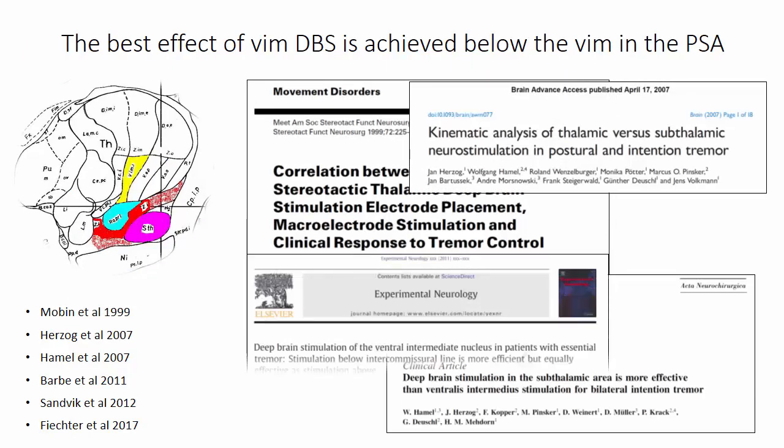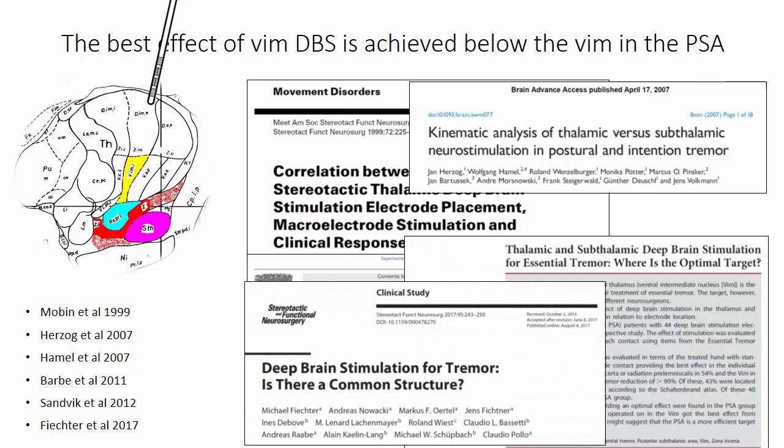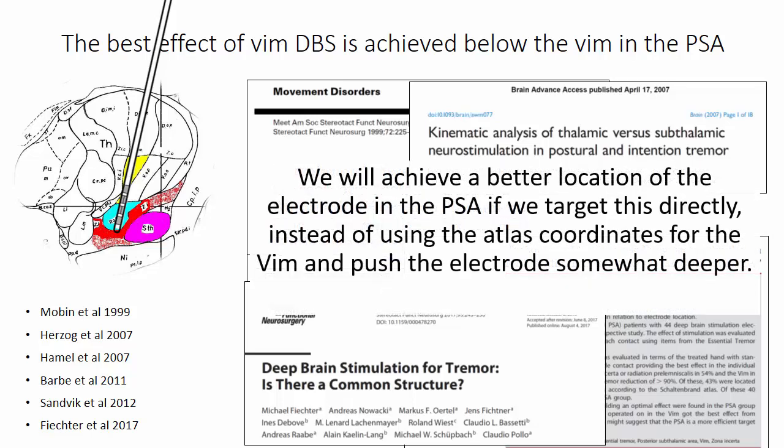There are further a number of studies analyzing where the best effect is achieved in what is called VIM DBS, and this is most often below the VIM, in the PSA. And these studies were done in patients where the VIM was targeted, and we will of course achieve a better location of the electrode in the PSA if we target this directly instead of using the atlas coordinates for the VIM and pushing the electrode somewhat deeper.